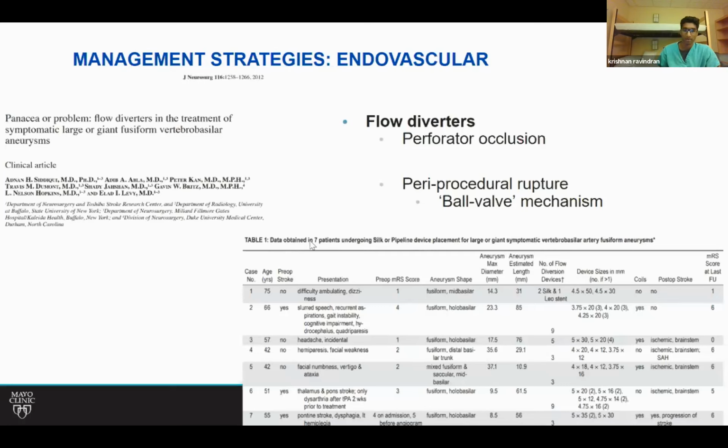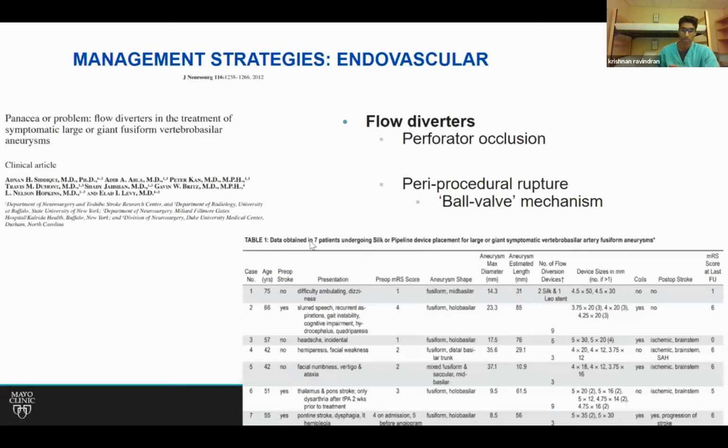The second complication, originally described by Dr. Siddiqui in his first paper outlining the use of flow diverters for these lesions, was massive delayed hemorrhagic rupture, which was commonly seen in flow diverter placement in the cavernous ICA and other locations.